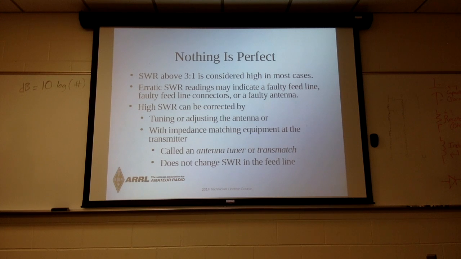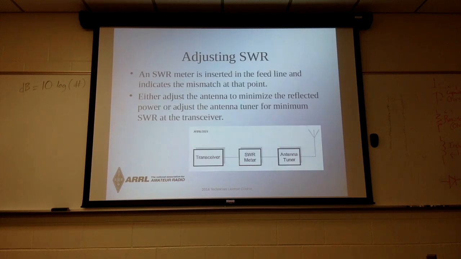You can't operate the same antenna at 100 megahertz and expect it to have the same characteristics at 200 megahertz, for instance. So if you have an SWR meter, you're able to quantify how good your antenna is doing. You're able to see if whatever change you make helps the SWR go down or makes it go up.